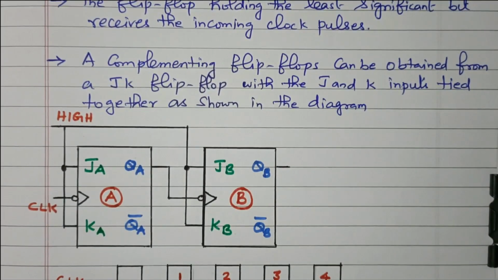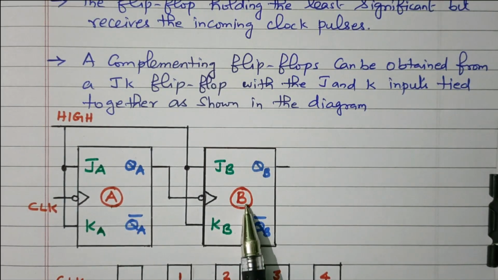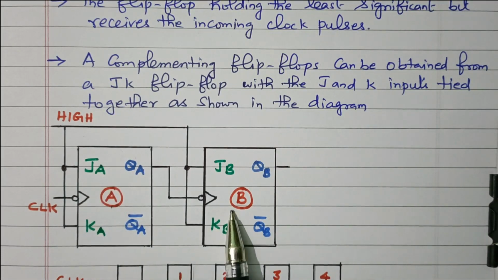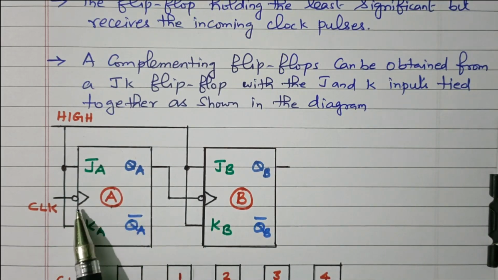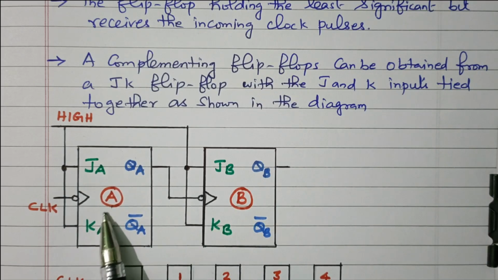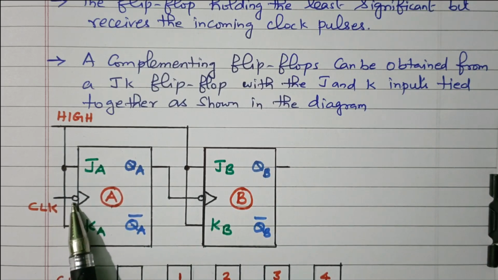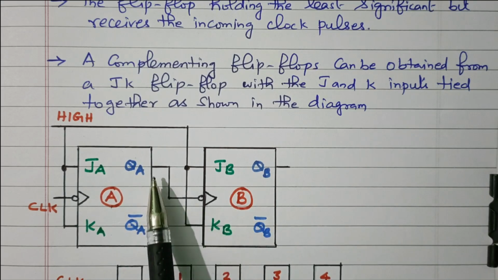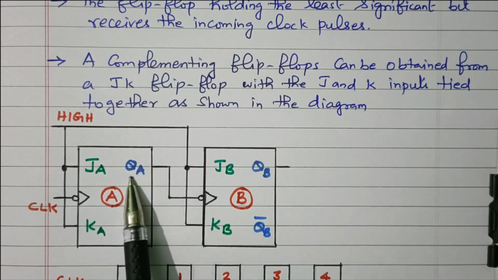So here two flip-flops are connected, flip-flop A and flip-flop B, JK type. For the first flip-flop, the LSB, the clock pulse is connected. The clock pulse of the second flip-flop is nothing but the output of the first flip-flop.